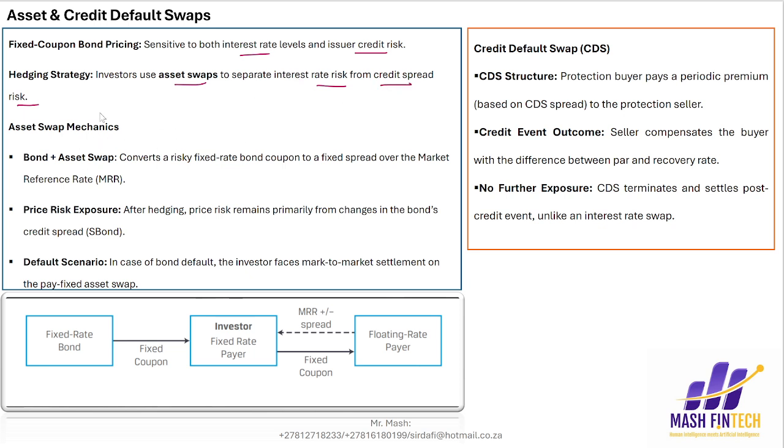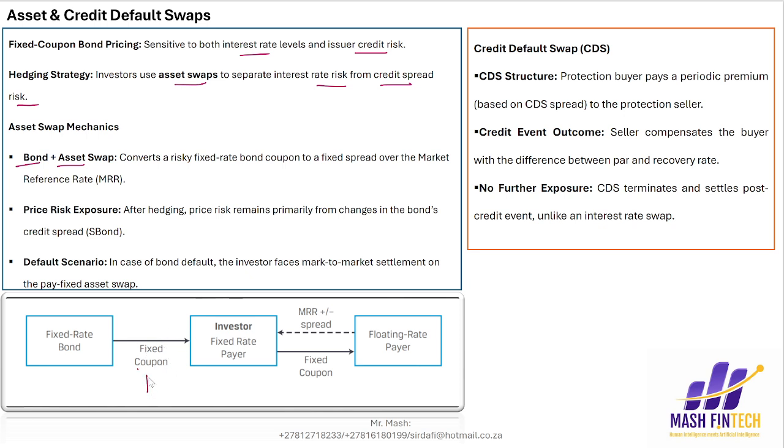The mechanics of the asset swap is that you take the bond and then you add an asset swap. So this converts a risky fixed rate bond into a fixed spread over the market reference rate. You see down here, the investor purchases a fixed rate bond, and from the fixed rate bond, the investor is going to receive a fixed coupon.